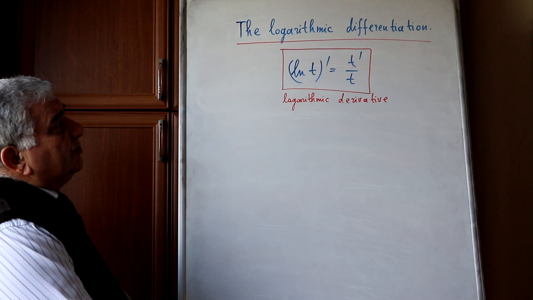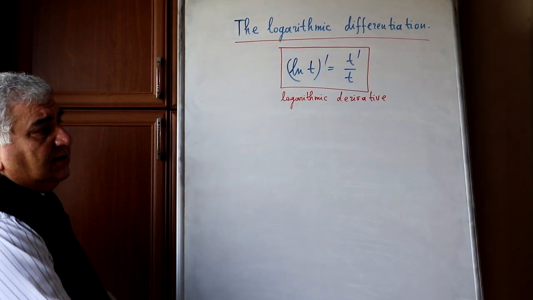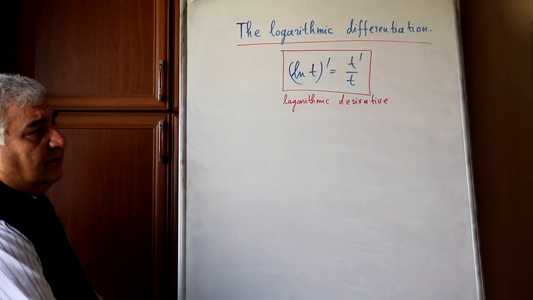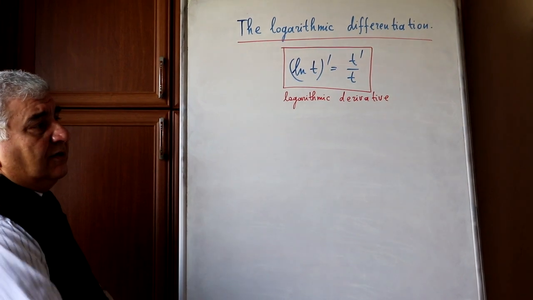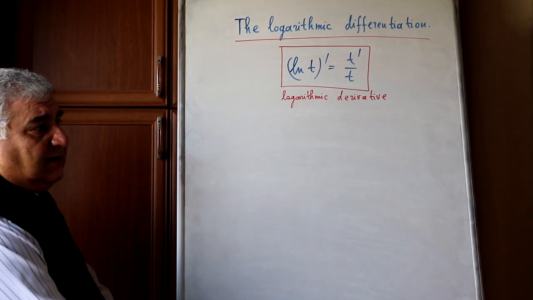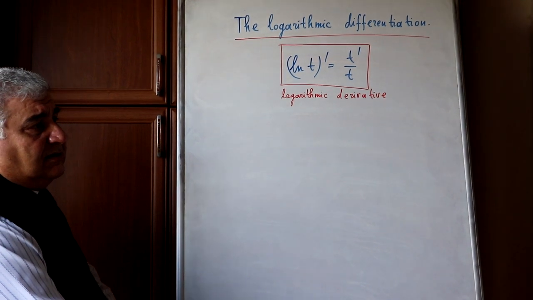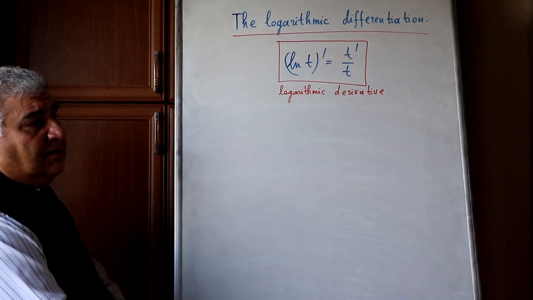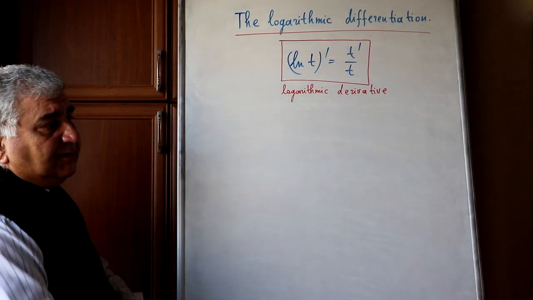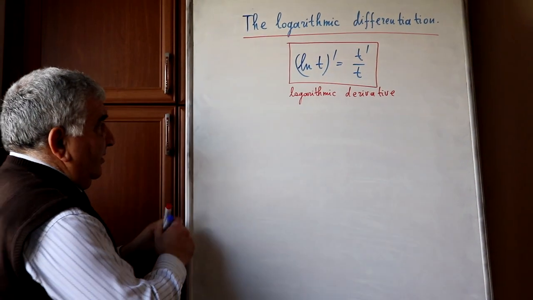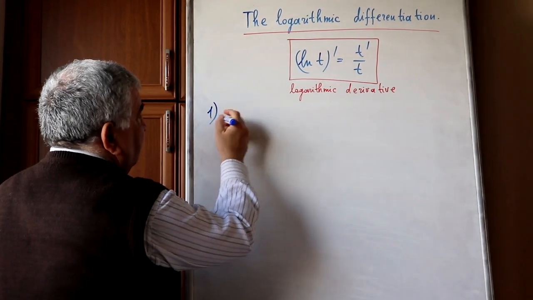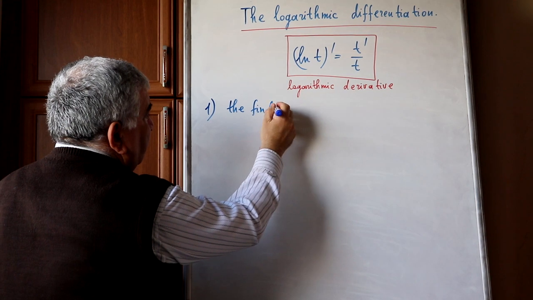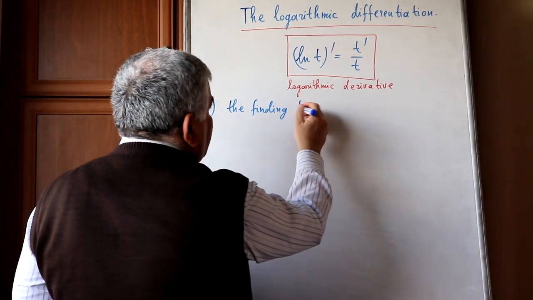The process of logarithmic differentiation consists of two stages or two steps. In the first step, we must find the natural logarithm of both parts of the given function, and then in the second step we must differentiate both parts of the obtained expression. The first step is named finding the natural logarithm.